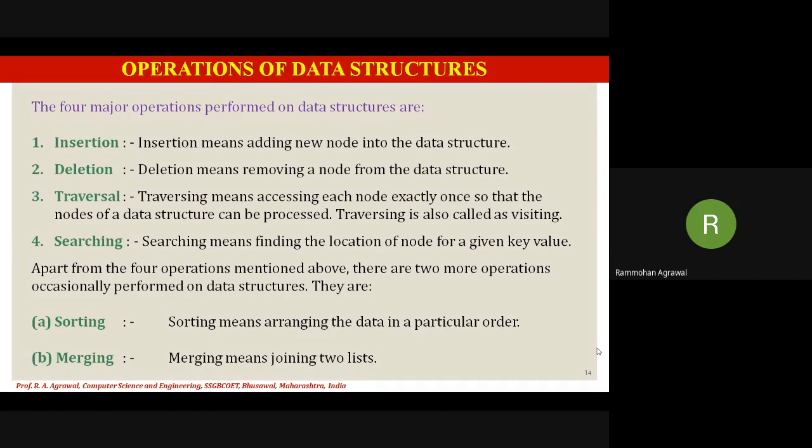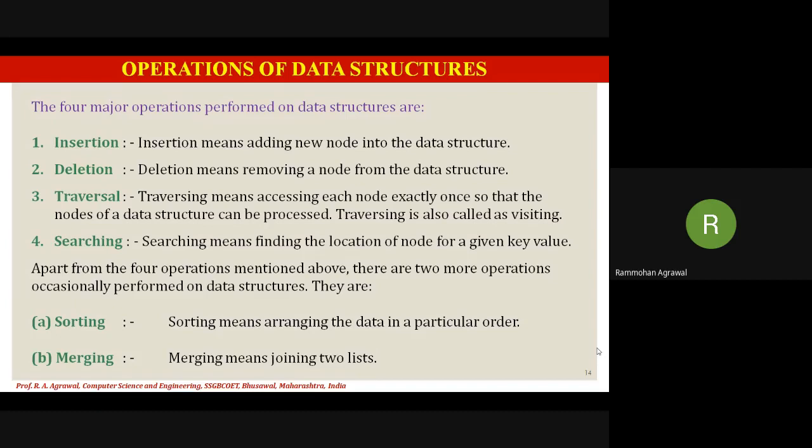Once the data structure is created by you, the next operation is the insertion operation. So what is insertion? Generally, insertion means adding something to an existing data structure. Here it means we are adding a new value into a data structure.